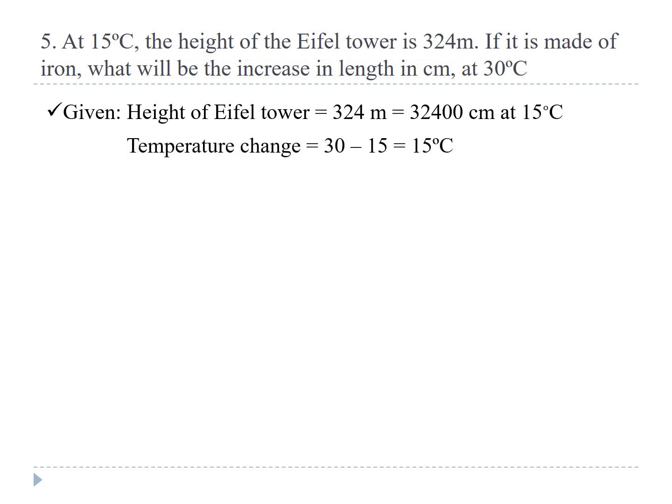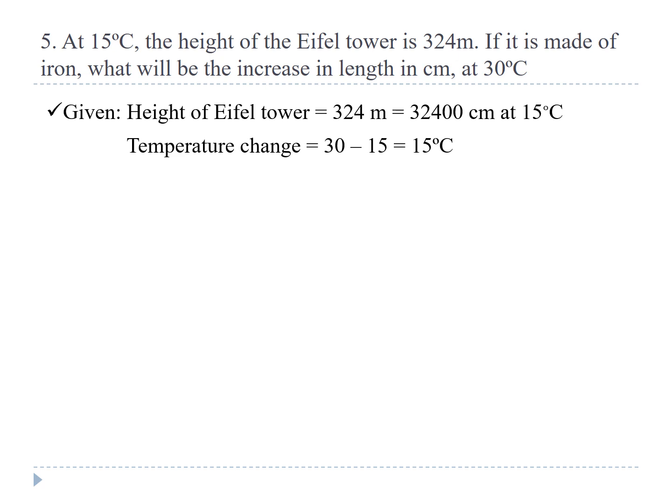Temperature change. It is very, very important. Whenever you have a numerical where there are two temperatures given, instead of writing the two temperatures in the formula and then subtracting, you directly subtract and find out what will be the temperature change. So here I have the initial temperature as 15 and the final temperature as 30.